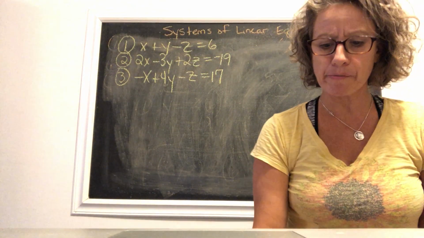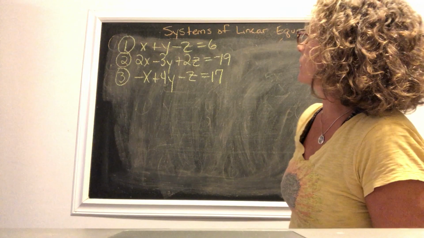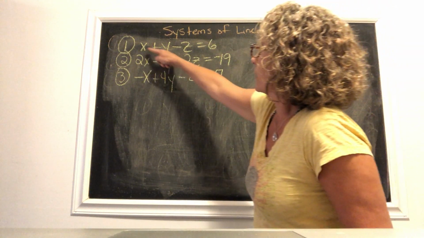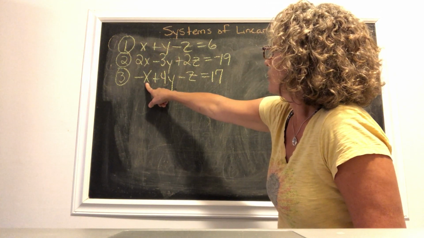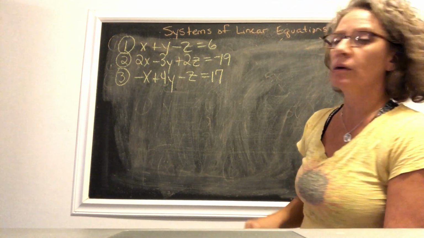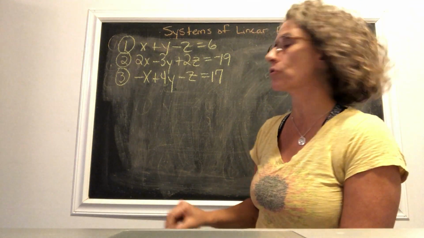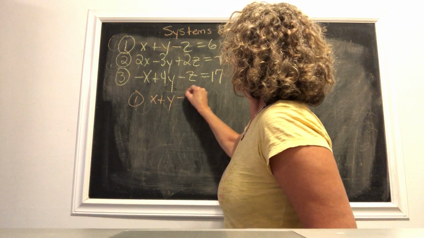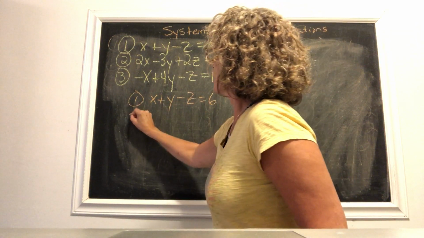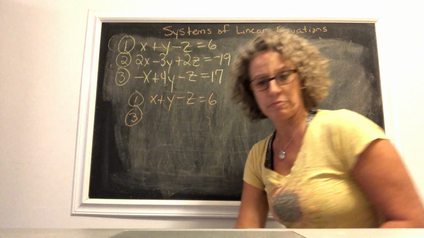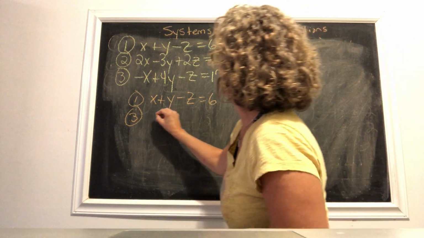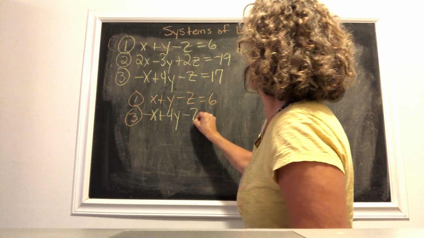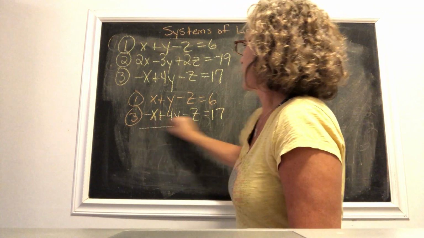Okay, so upon examination, I'm thinking, if I can add equation 1 and 2 together, I could cancel my x's right away. So I'm going to combine equations 1 and 3. So I rewrite equation 1, I rewrite equation 3, and I'm going to add them together.